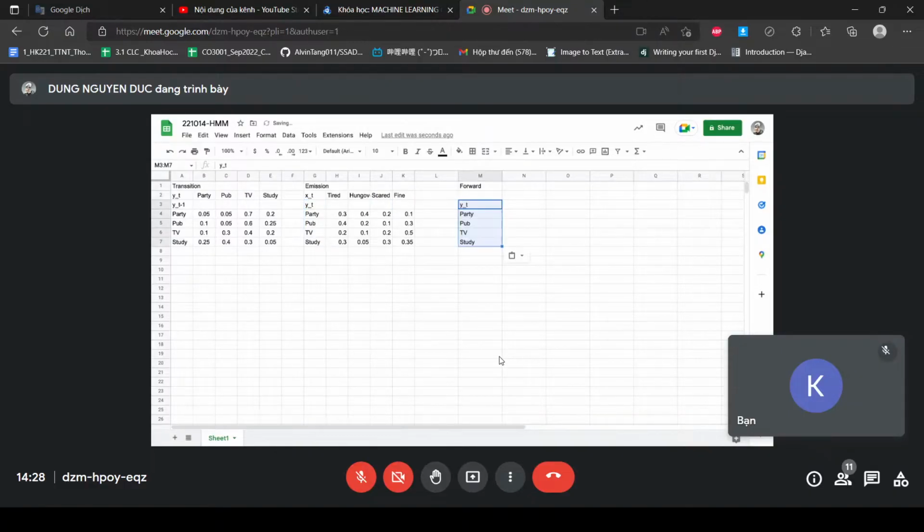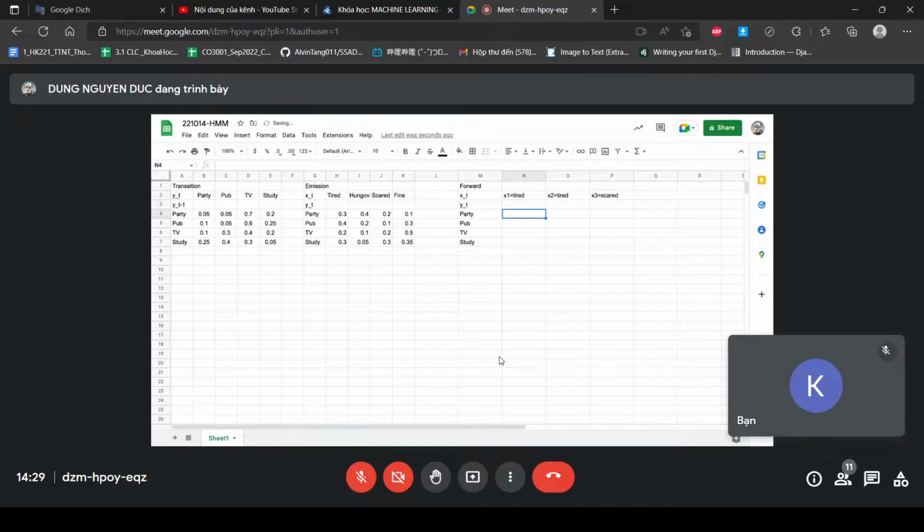For xt, you will have a sequence of observations. Let me write it this way: X1 equals tired, X2 equals tired, X3 equals scared.